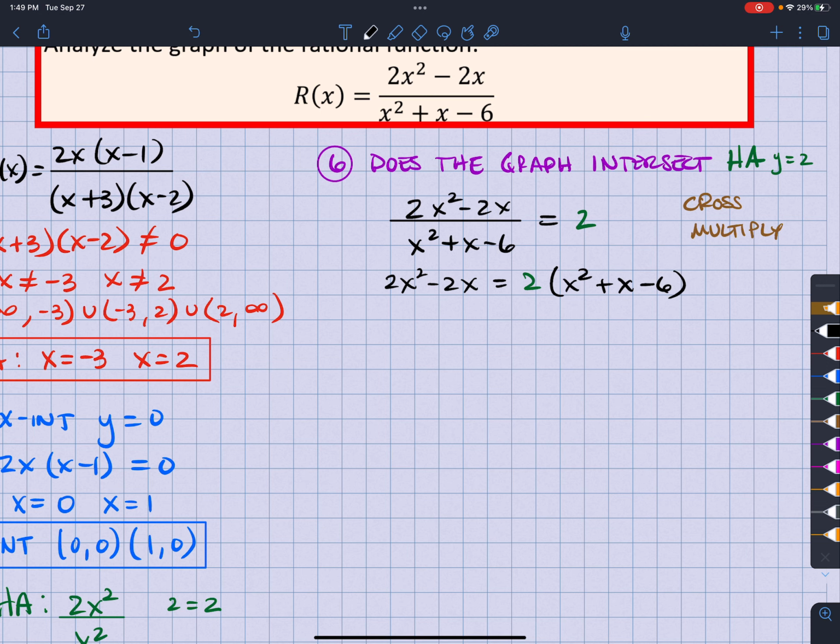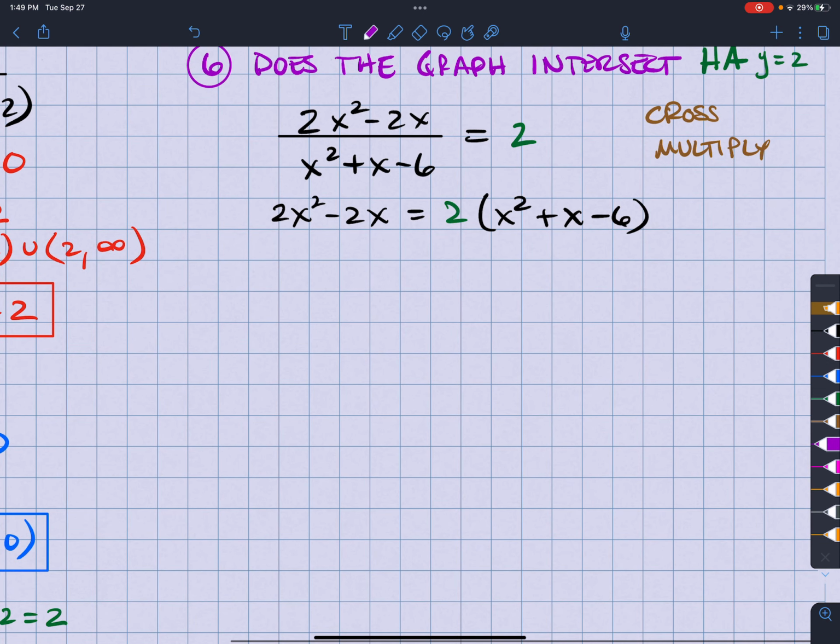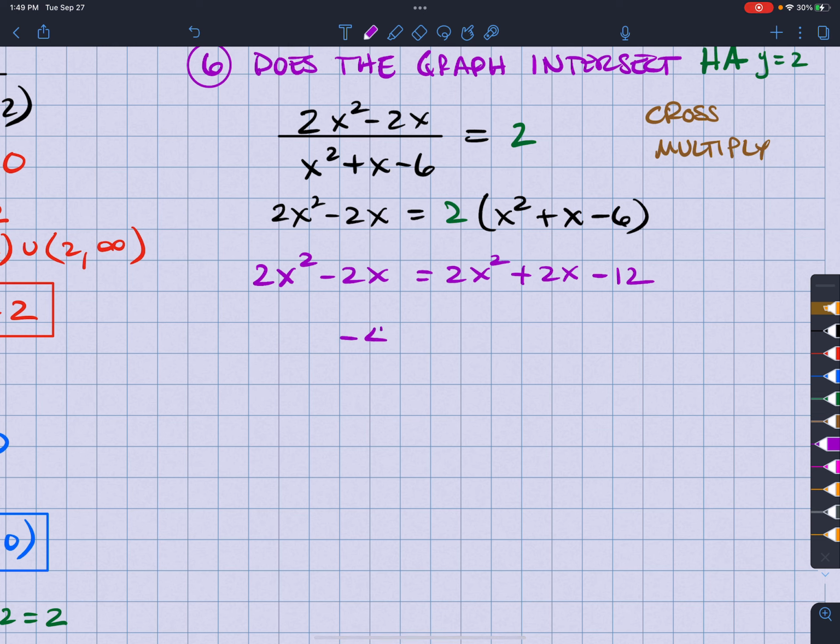So I get 2x squared minus 2x is equal to 2x squared plus 2x minus 12. The 2x squared goes away. I move the 2x over to the other side, so I get negative 4x is equal to negative 12. So x is going to give me a 3.